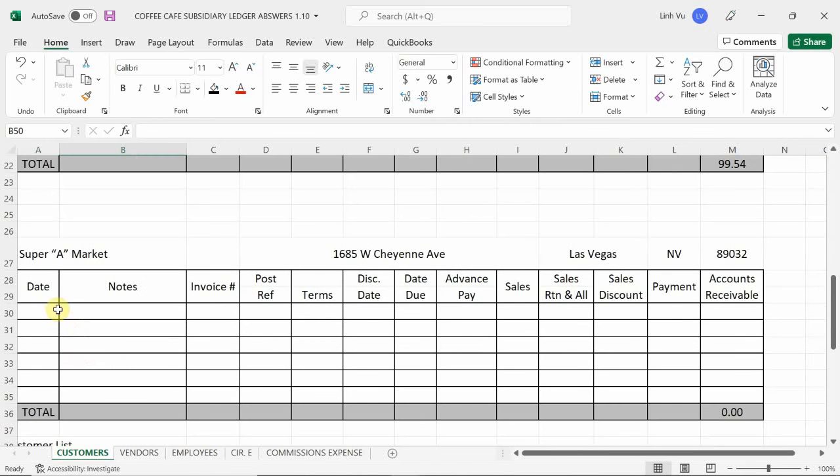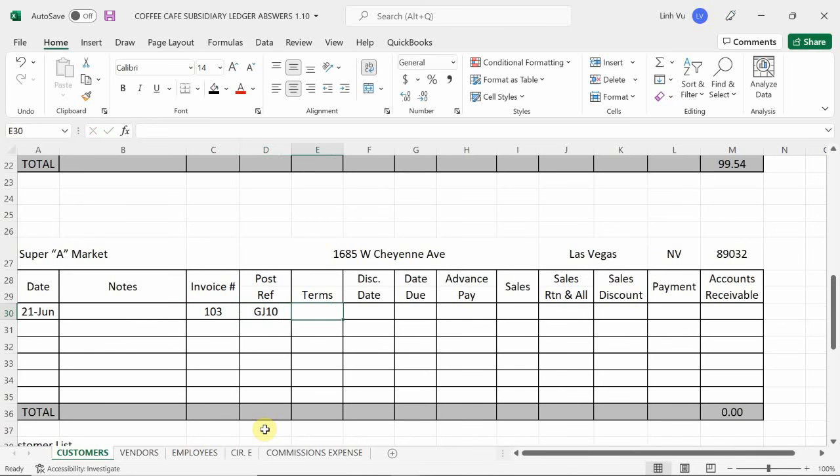Okay, Super A Market. Okay, any notes you want to put on there? Invoice number? It was 103. 103 post reference General Journal 10.